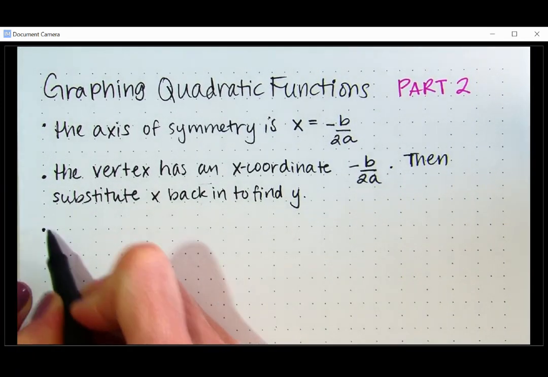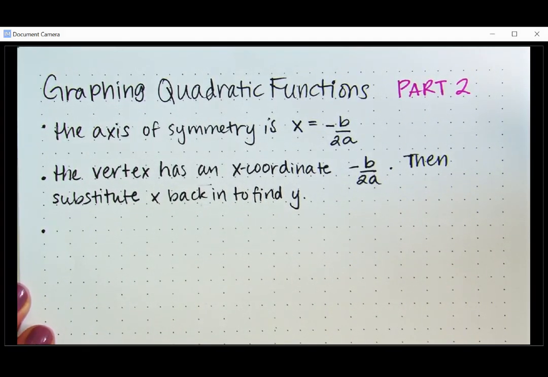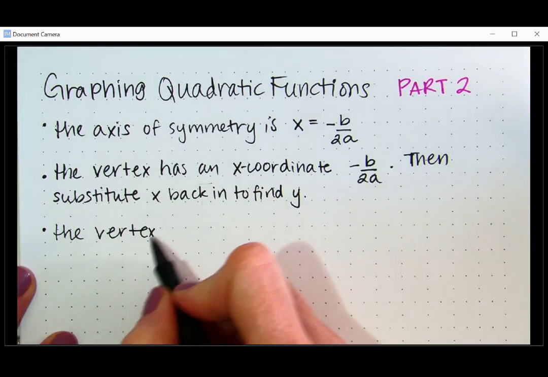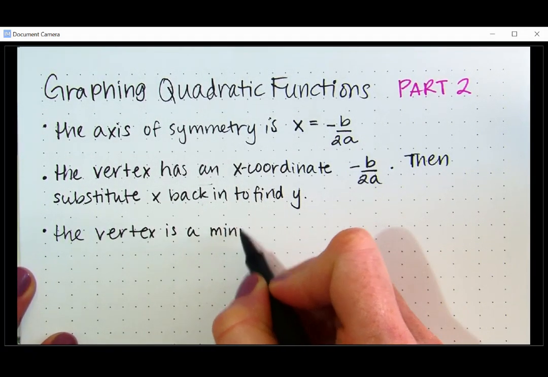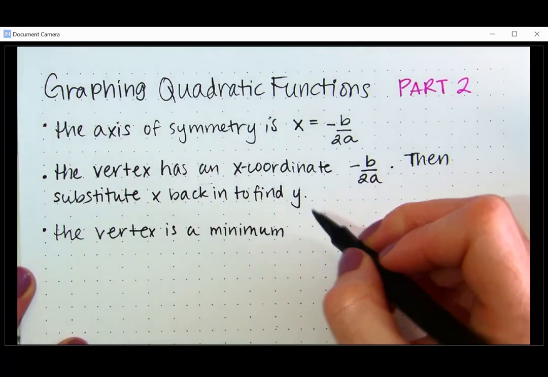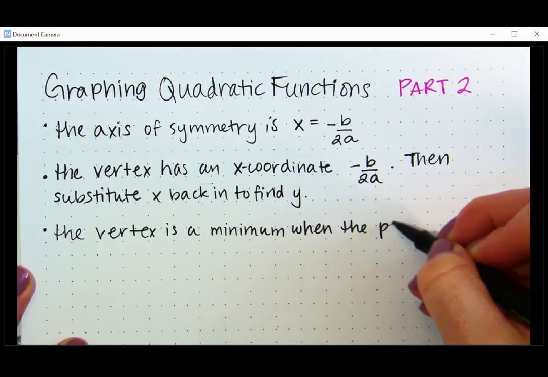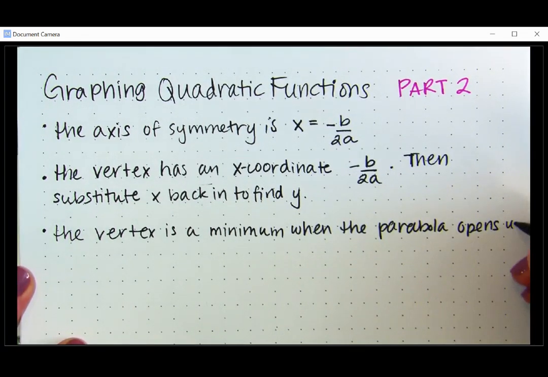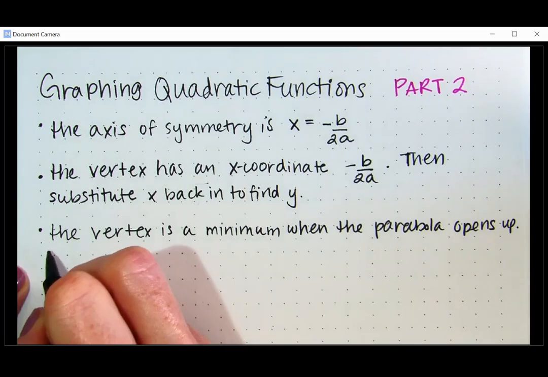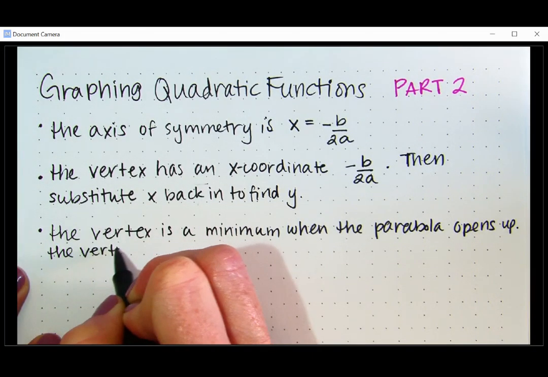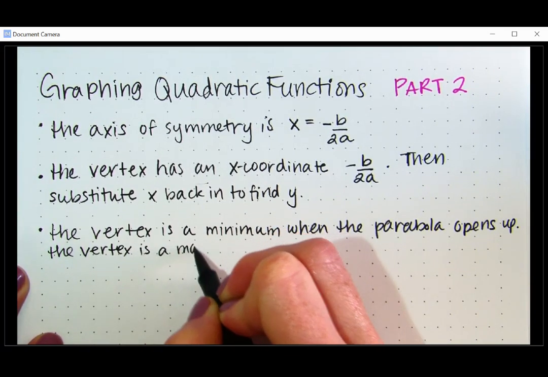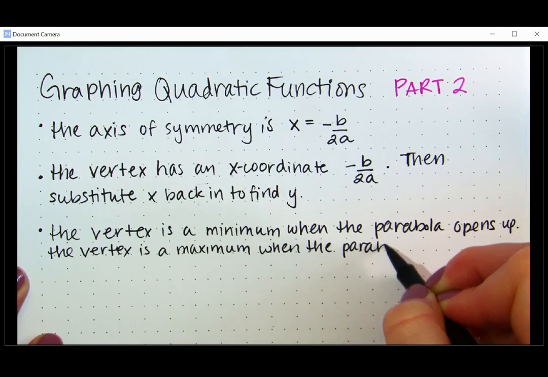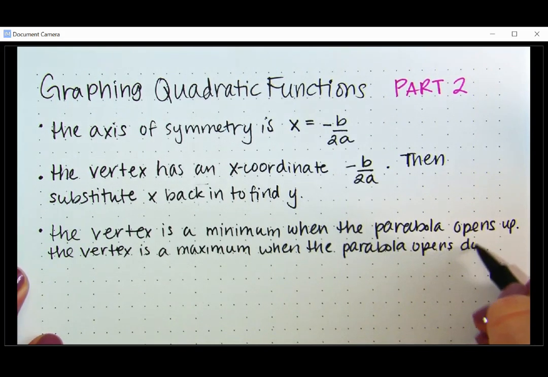One more piece of information about the vertex. The vertex is a minimum when the parabola opens up, and the vertex is a maximum when the parabola opens down.